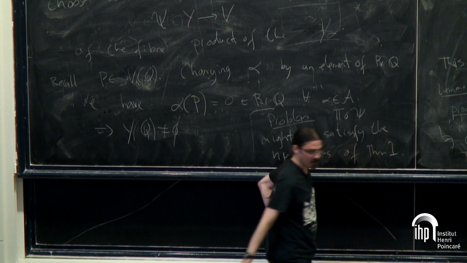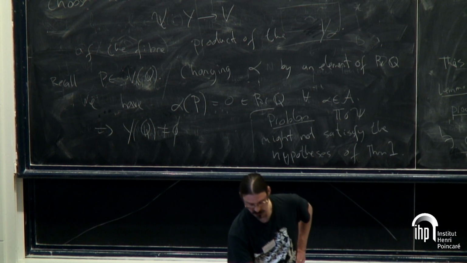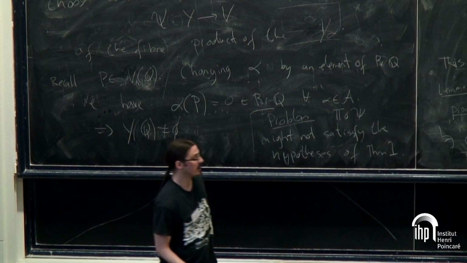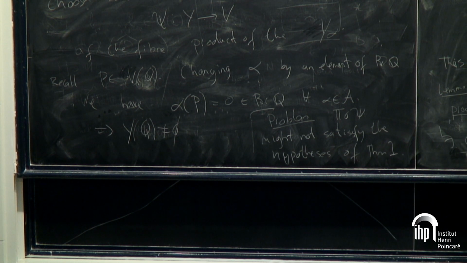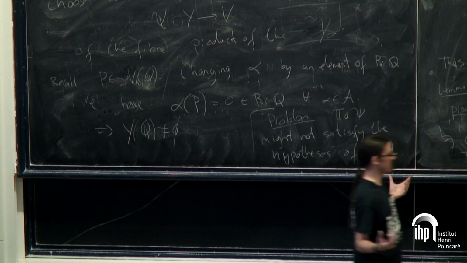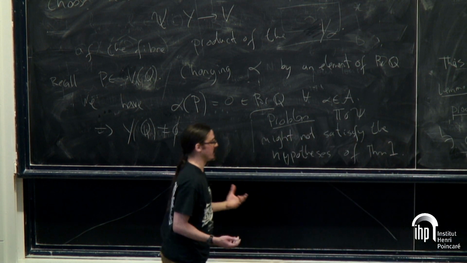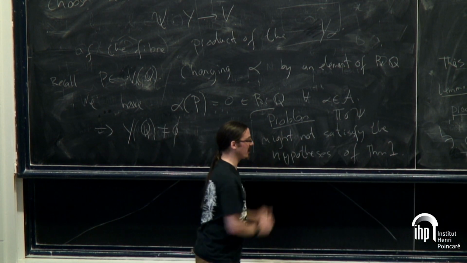And the important hypothesis is that the non-split fibers lie at rational points. So when I construct this morphism, I could have created more non-split fibers. So there could be non-split fibers now over non-rational points. And so theorem 1 won't apply there.